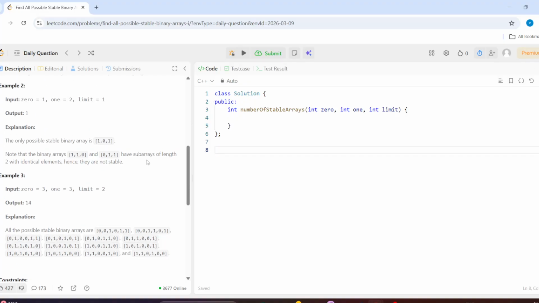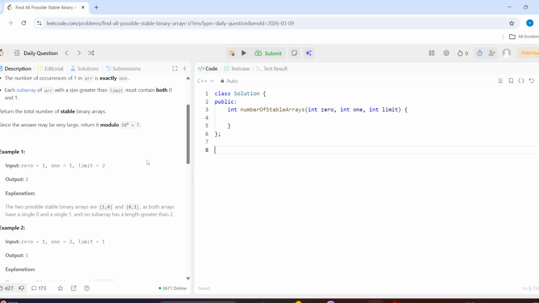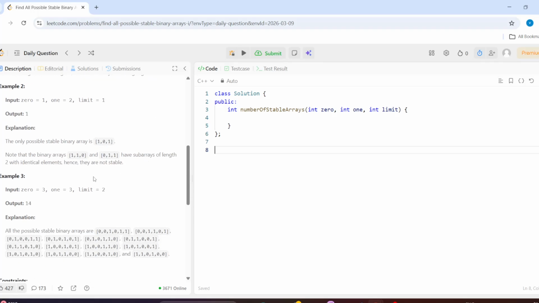So now, how can we approach this problem? The approach is simple. We can use recursion in this.